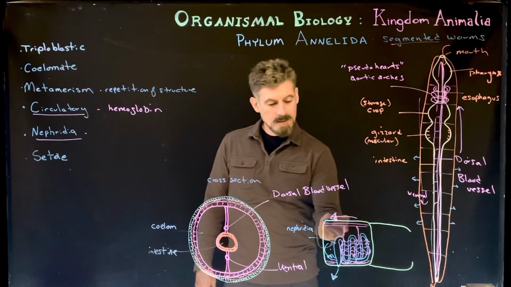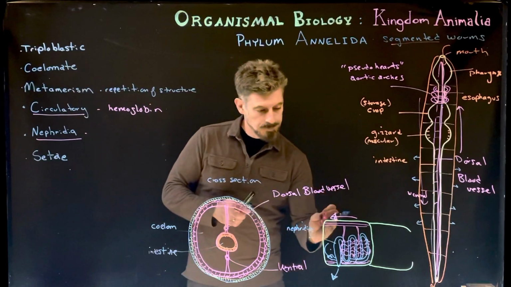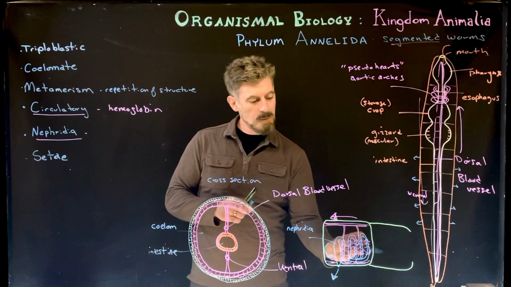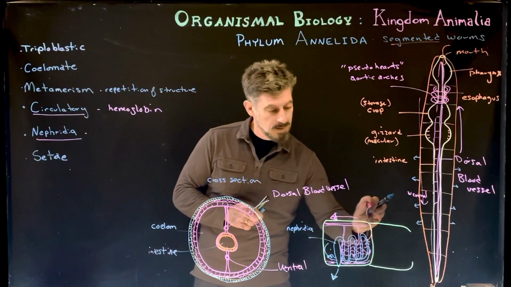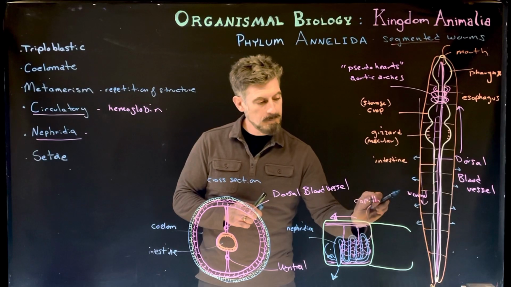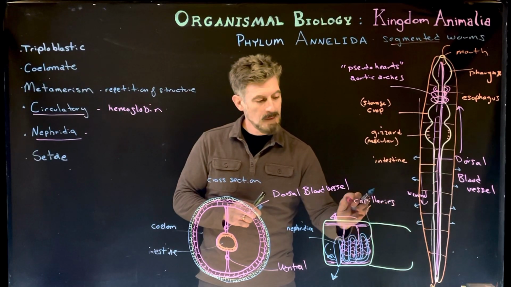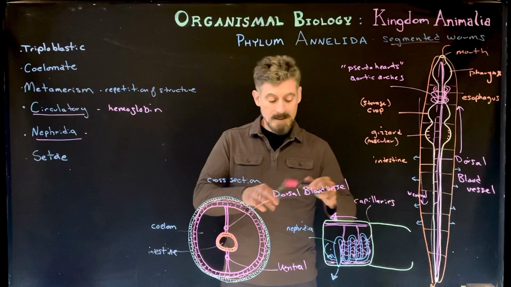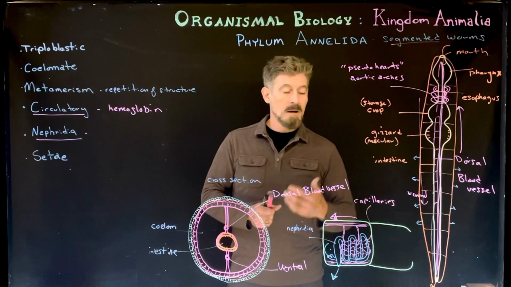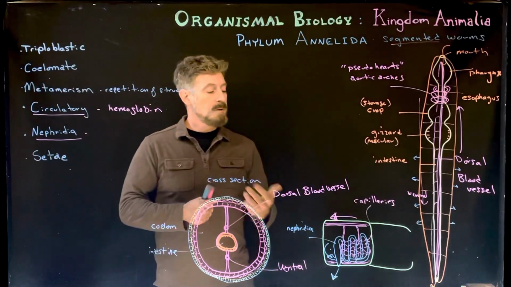Now what you can see here, this is again representing the dorsal blood vessel, ventral blood vessel, and you can see these little squigglies that are pink here, kind of the same color, are going to be capillaries. So that's significant in that, say, our kidneys, which are filters, are heavily integrated with the circulatory system.